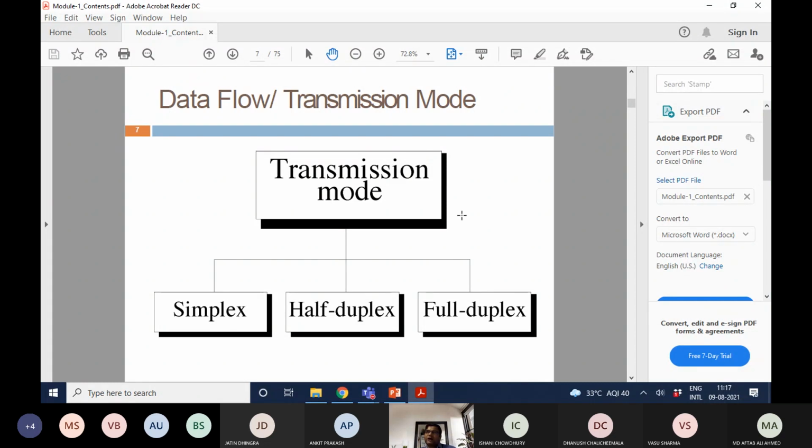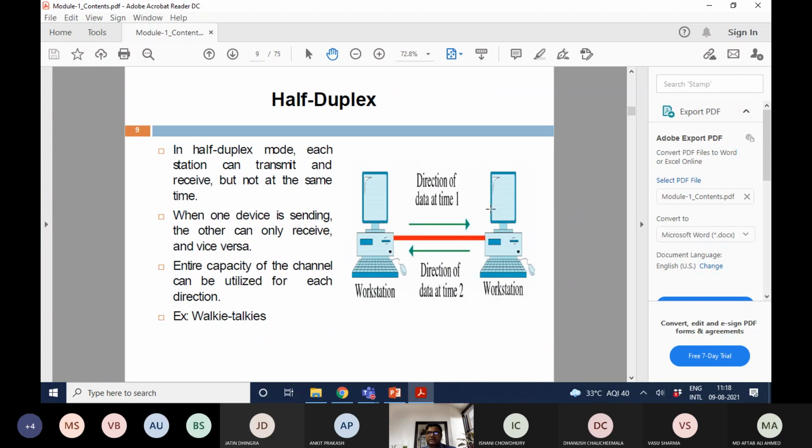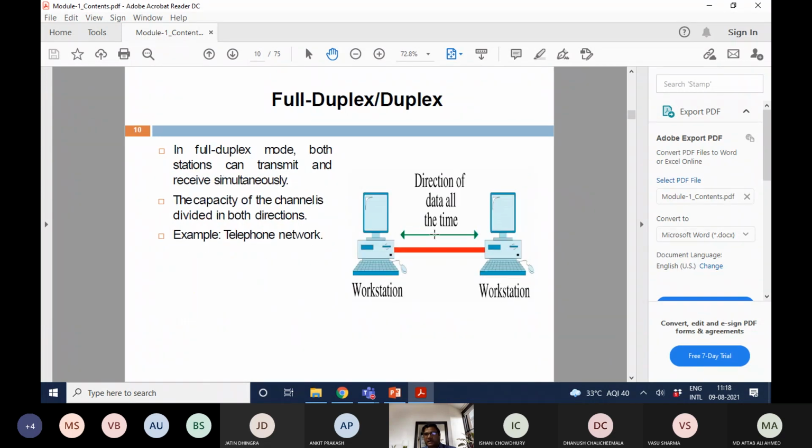So whenever devices are ready and the transmission medium is ready, we can follow different types of transmission connectivity. This is how the direction of data works: simplex is one direction, half duplex is either this direction or this direction, and full duplex is in both ways.